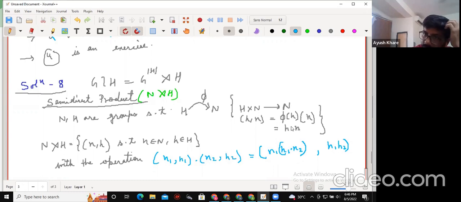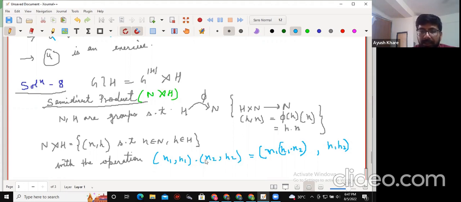So in this operation you have h comma n goes to phi h of n if it's acting through phi. So it's just a group action. So h1 is acting on n2, and whatever the image is, it's going to lie inside n, and you just need to take its composition with n1. So this element will be inside n. I have seen many times people are not able to remember this definition, but it is very simple once you understand the concept. So in the second coordinate, it's just a group operation over h.